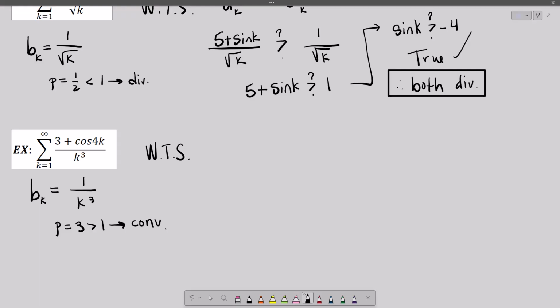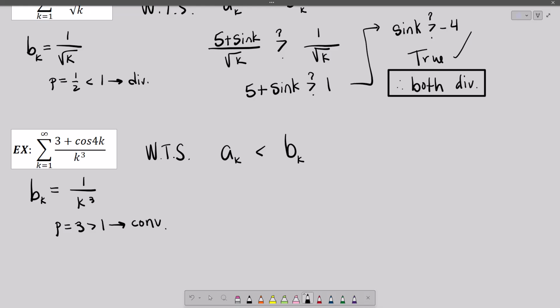Everyone agree with that? Bigger than 1 converge for P. So would we want to show the a's less than the b's, or the a's bigger than the b's? The a's are less than the b's. So the b series converges. Our guiding principle then is smaller than converging must also converge. So that's what we would want to show.